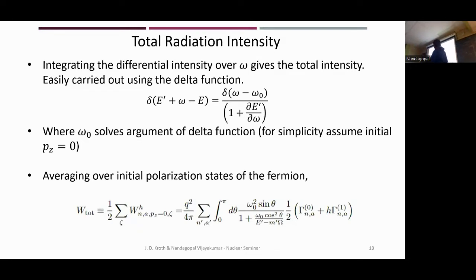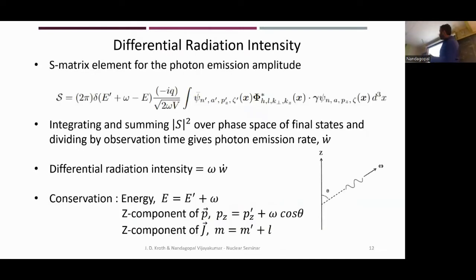We also had zeta, which is the polarization of the fermion. We'll average over the initial polarization states to obtain the total radiation density, and that is shown by this expression. And here, the two gamma terms are what we obtain at the end of what we had in the previous slide.